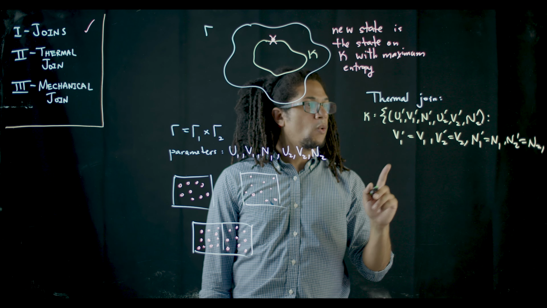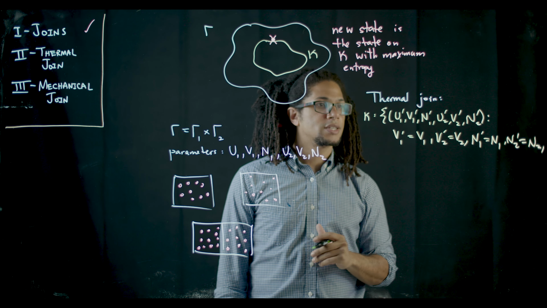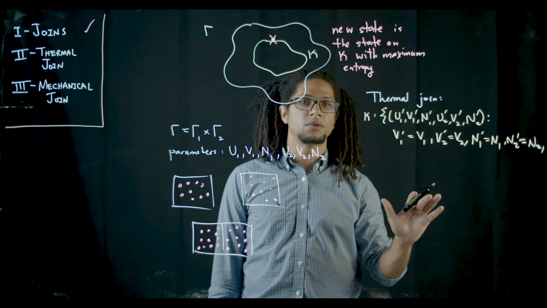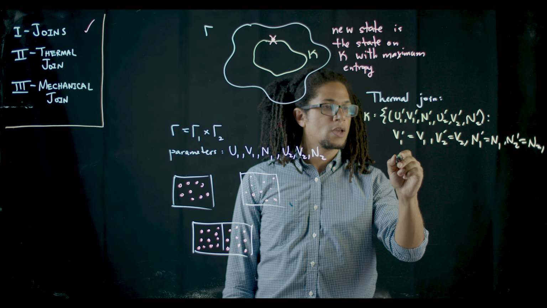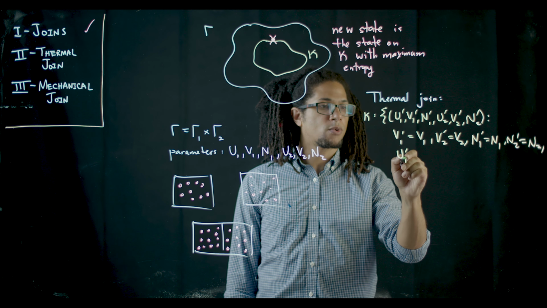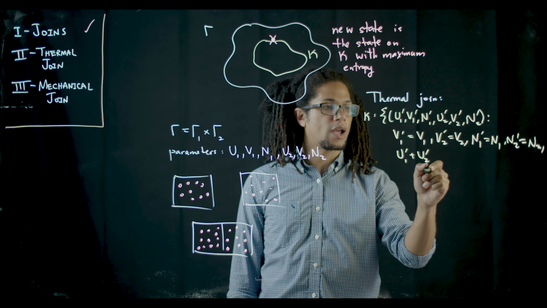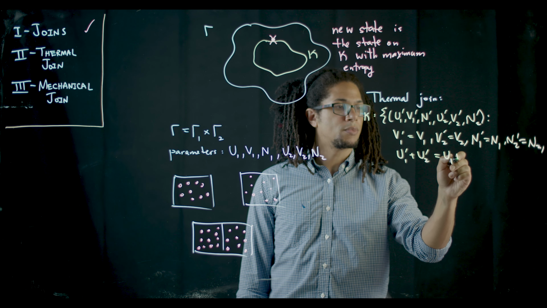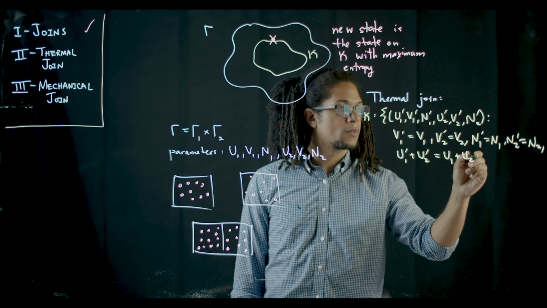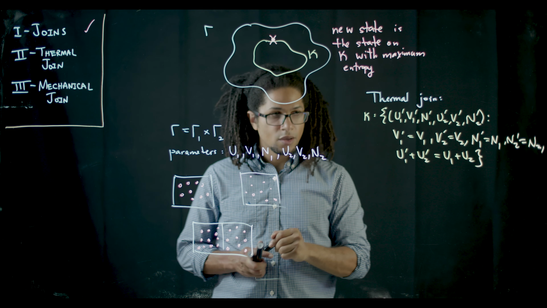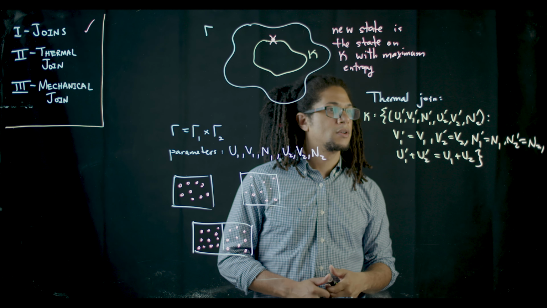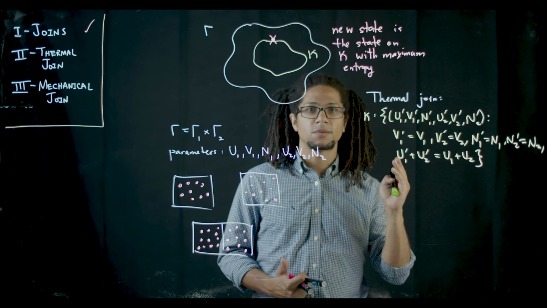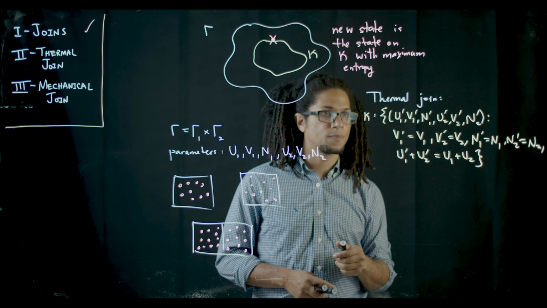And then the only other constraint that we have is that the total energy of the system should not become greater or smaller. So U1 prime plus U2 prime is equal to U1 plus U2. So this is a well-defined subset of our total space gamma. Wonderful. And notice again that it depends on our initial starting state.